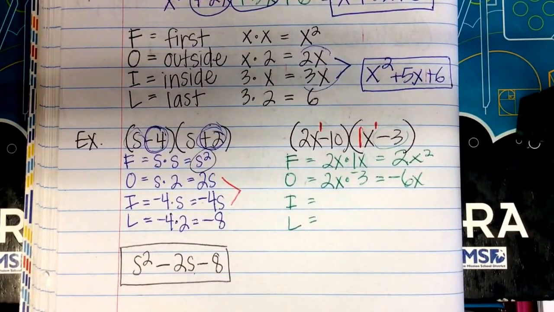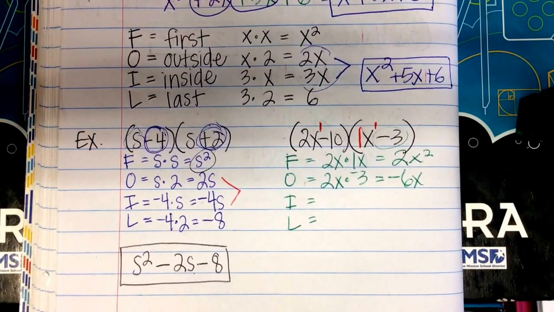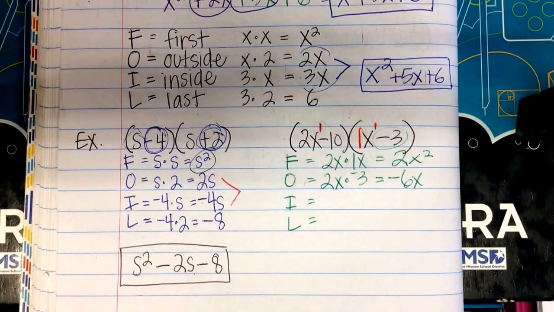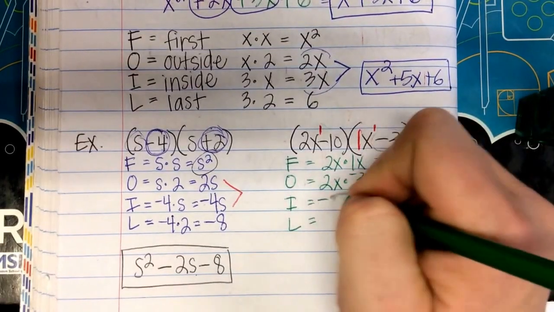What are my inside terms? What are my terms on the inside of these binomials? Grace, can you tell me? -10 times 1x.